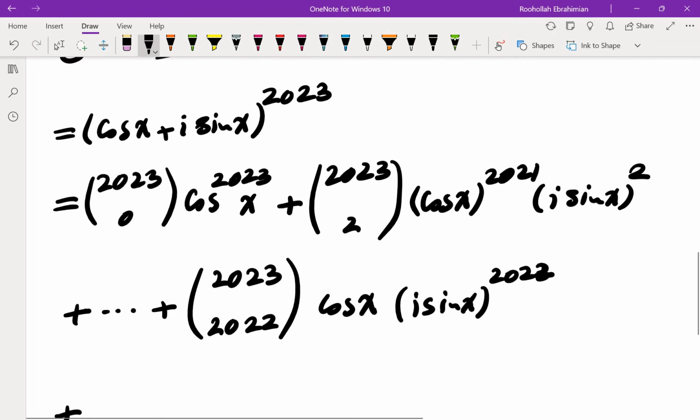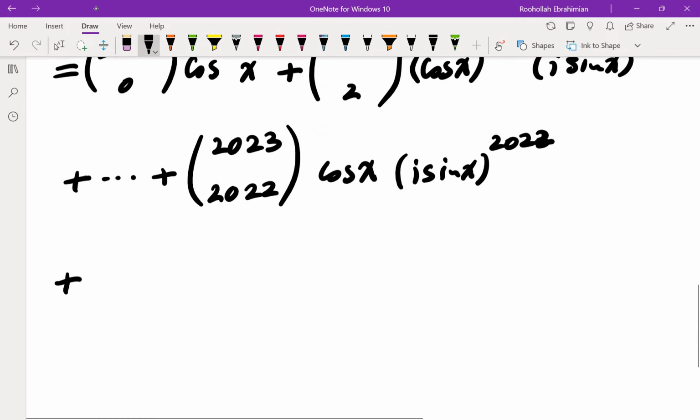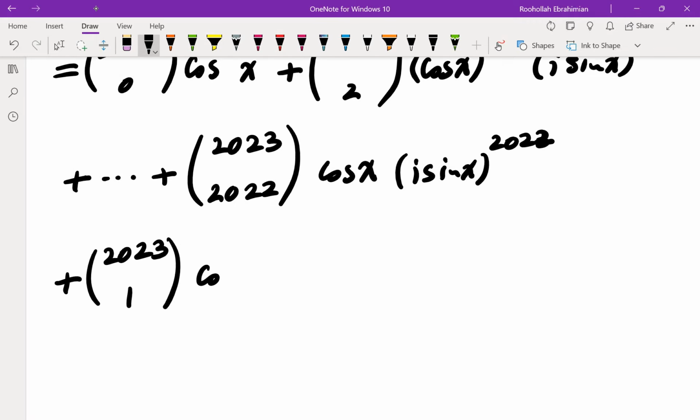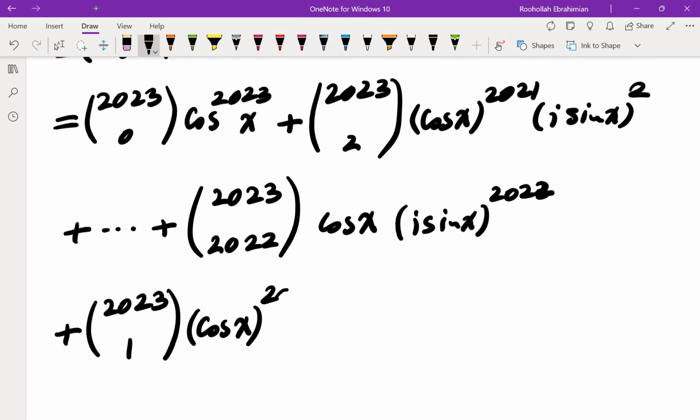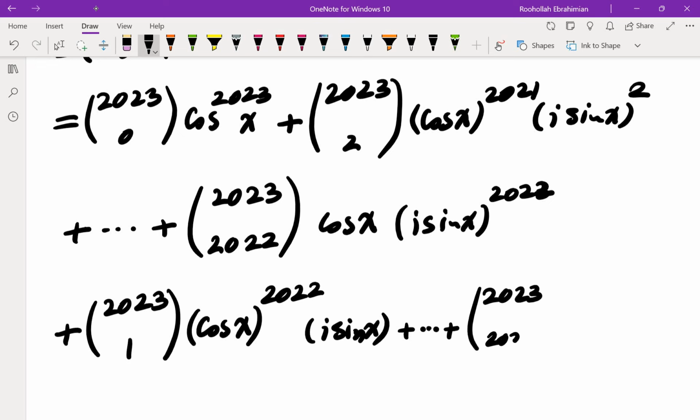The non-real terms, the imaginary terms, are 2023 choose 1, cosine of x to the power of 2022 times i sine of x, all the way to the very last one, 2023 choose 2023 times i sine of x to the power of 2023.